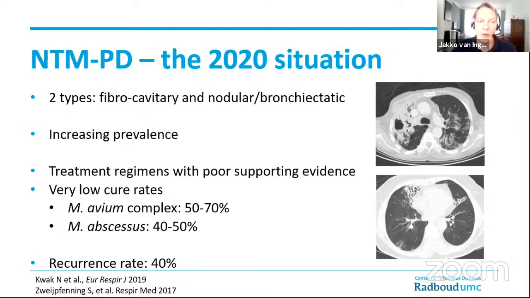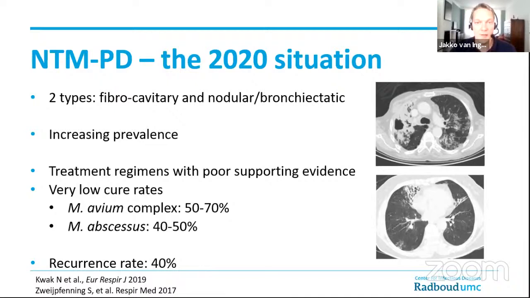Well, we realize there's really two diseases. A fibro-cavitary disease, much like pulmonary tuberculosis, be it slower in its progression and affecting a distinct patient category, those with underlying pulmonary disease like COPD. And there is the nodular bronchiectatic disease, of which a representative CT slide is shown at the bottom.